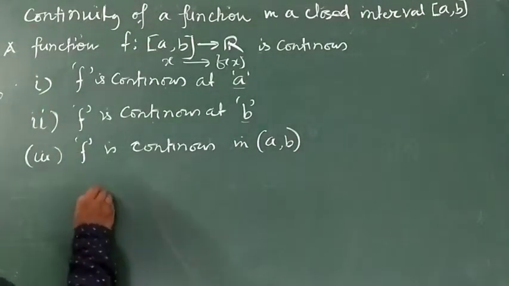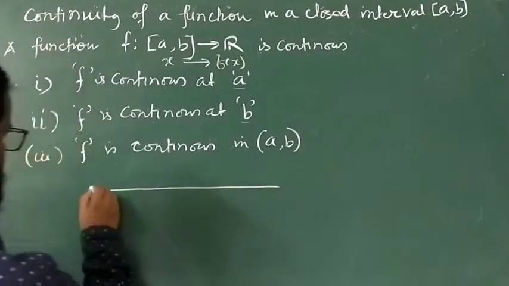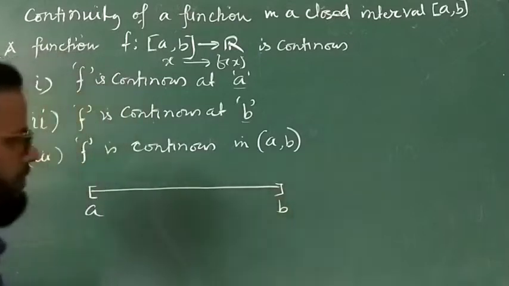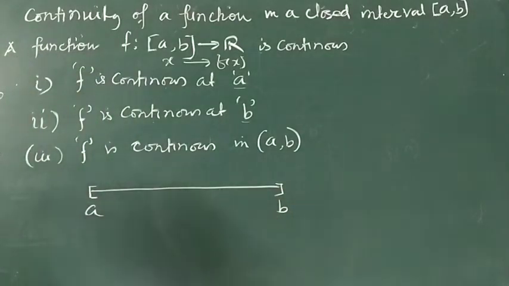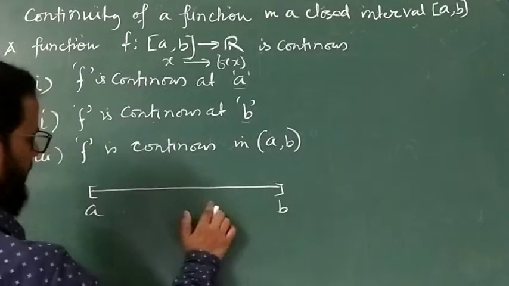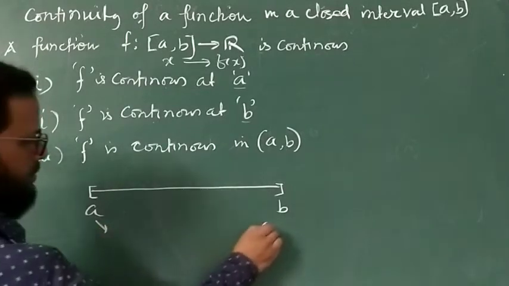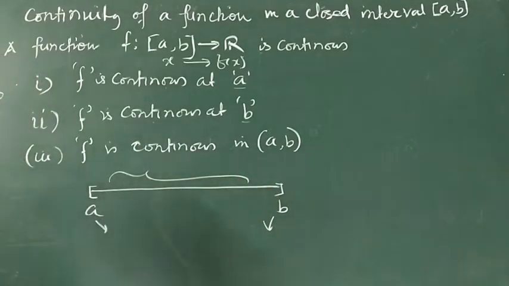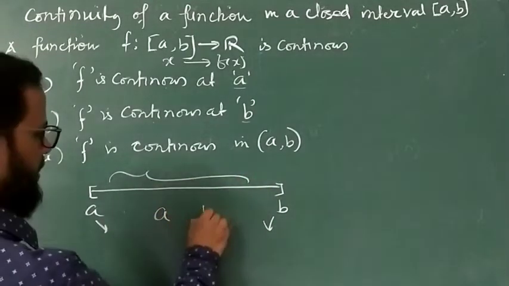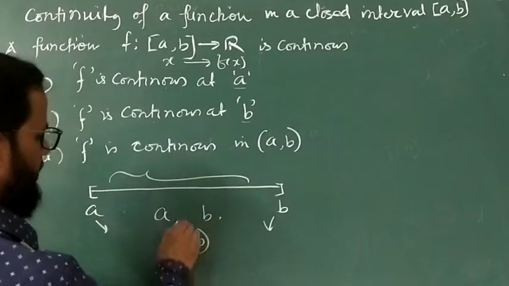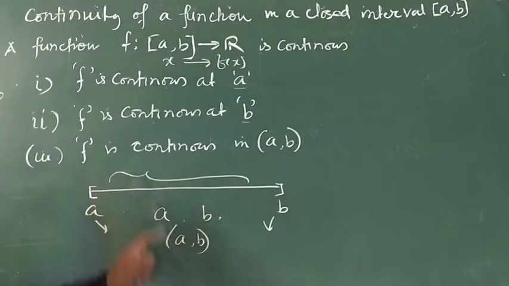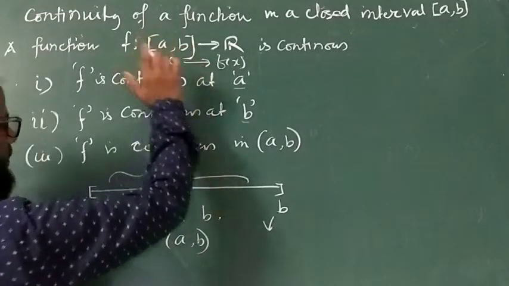If you draw the interval, this is the left end point A and this is the right end point B. The function will be continuous in this closed interval if it is continuous at A, continuous at B, and continuous within the open interval AB. So there are three cases. If the function is continuous in these three cases, then you can conclude that it is a continuous function whose domain is the closed interval AB.